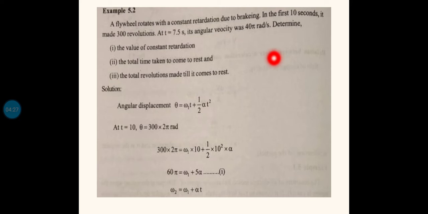Since velocity is given, we will use the relation connecting initial velocity and final velocity, omega equal to omega 0 plus alpha t, just like v equal to u plus at. On substituting, omega is 40 pi, omega 0 we don't know so we keep it as such, alpha also we don't know, but t is 7.5 seconds.